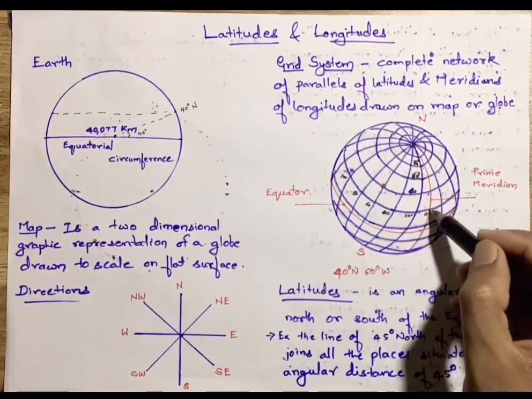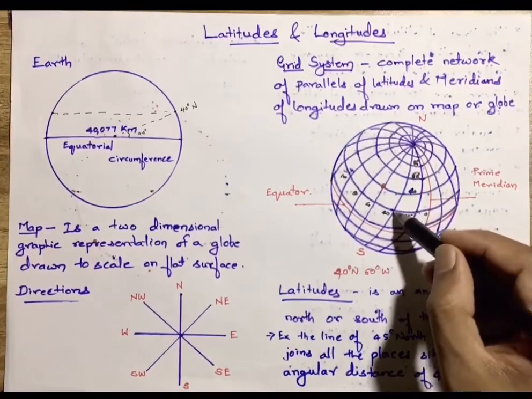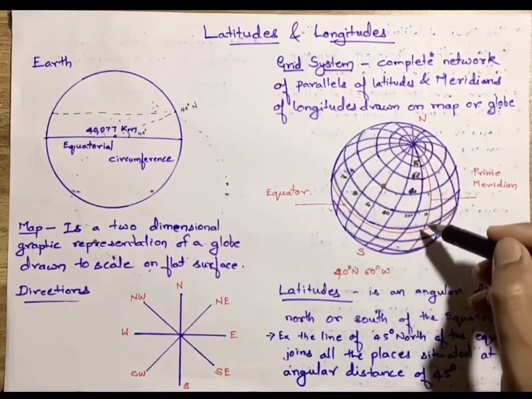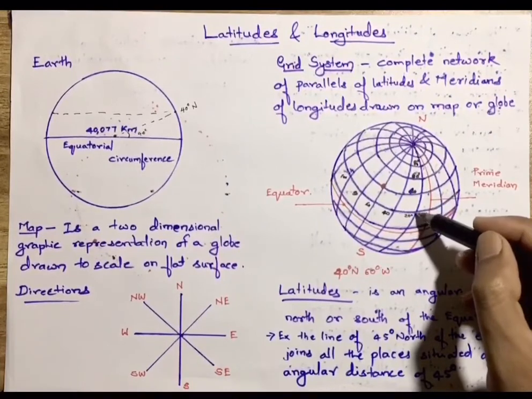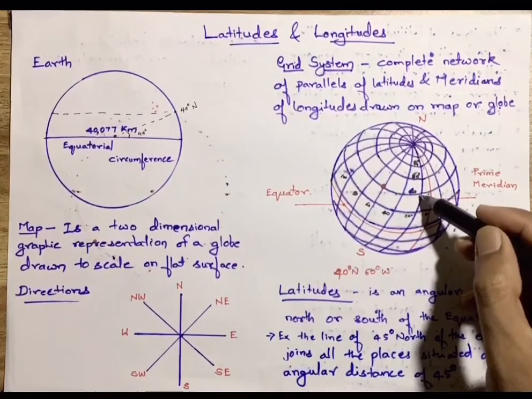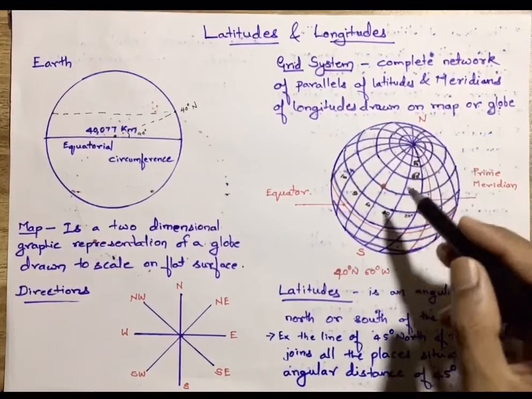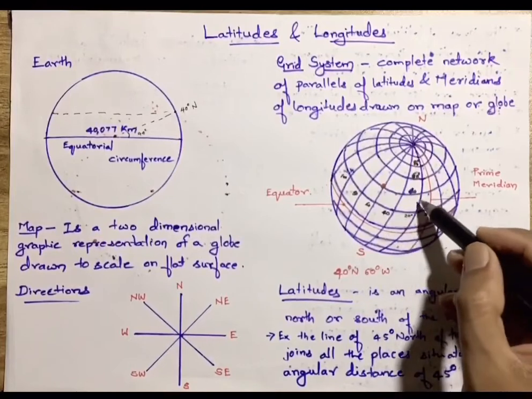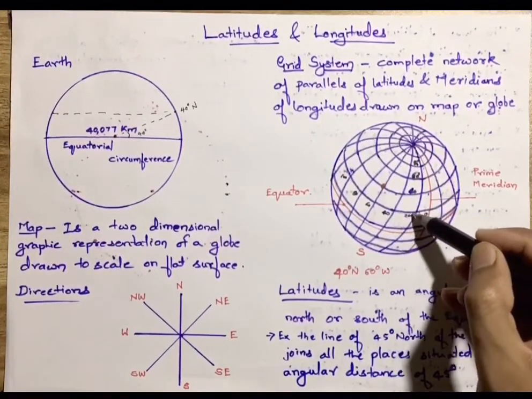If you start towards the west, I have marked here 20 degree west, 40 degree west, 60 degree west, 80 degree, and so on. The same, this is 0 degree equator, this is 20 degree north, 40 degree north, 60 degree north, 80 degree north, and so on. So when you talk about the location of this particular place, it lies on 40 degree north. See here, 20, 40.